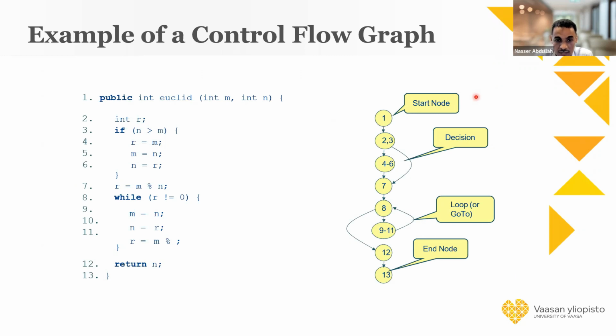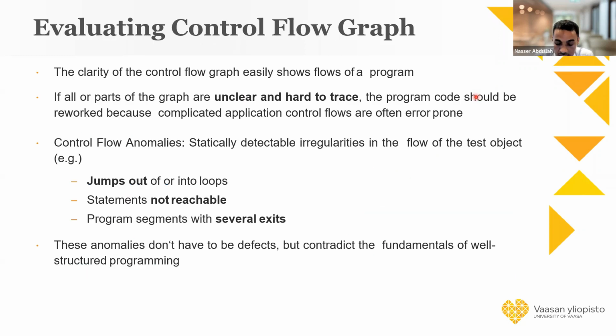So the second one: some defects can be detected using that graph. For example, if there is jumping out of the loops, it can be detected.